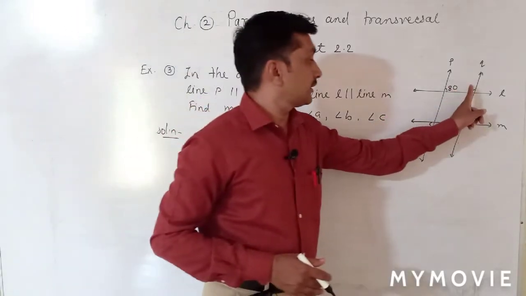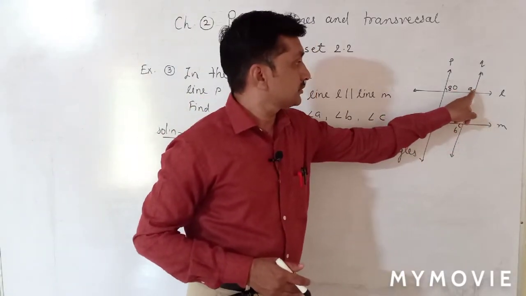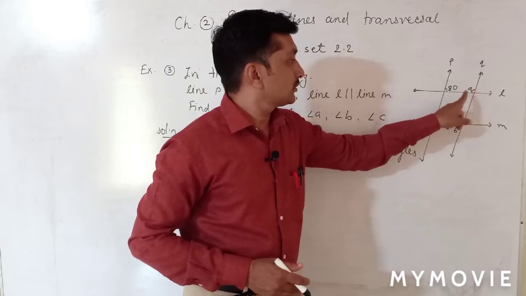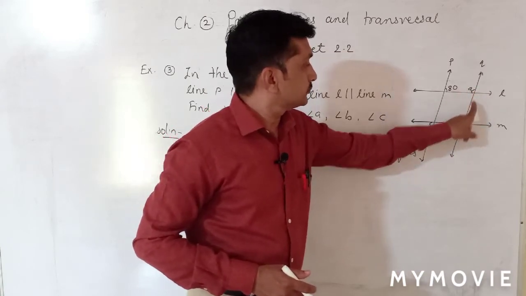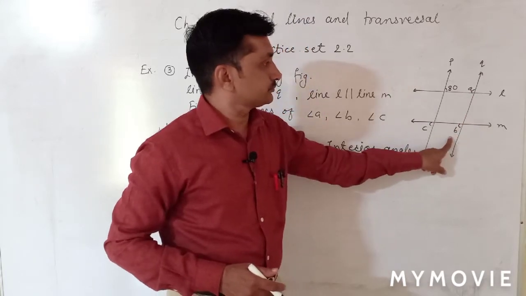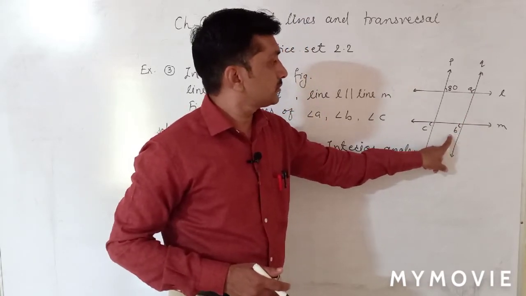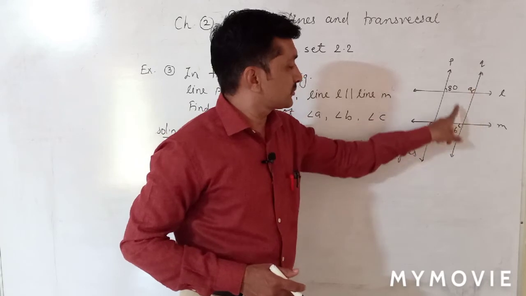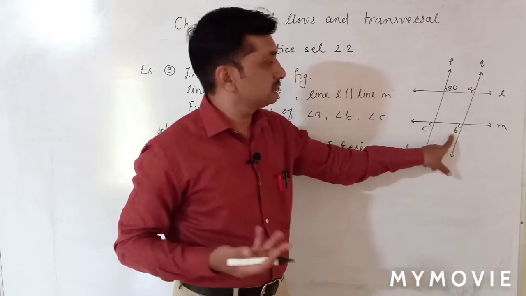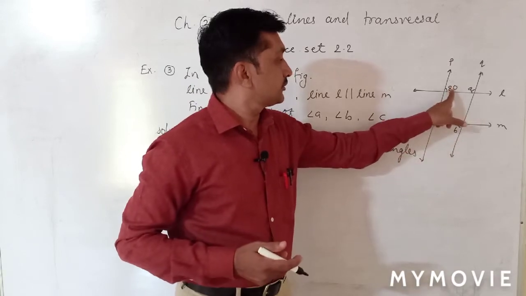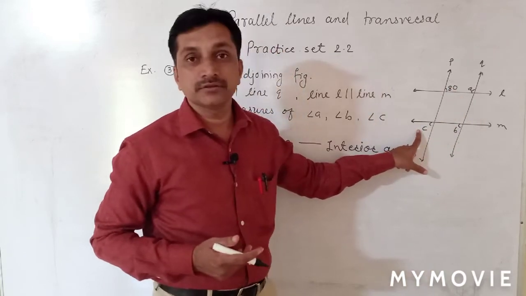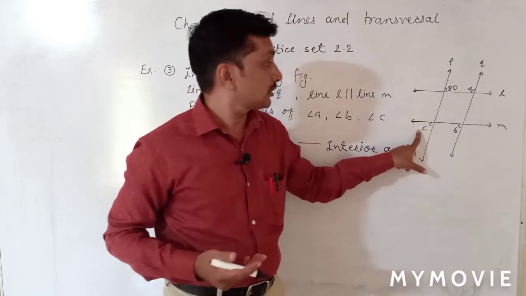Now here is A. After that, we want B and C also. What is the relation between A and B? There is no relation between A and B. Here 80 and here C, they are related. How?